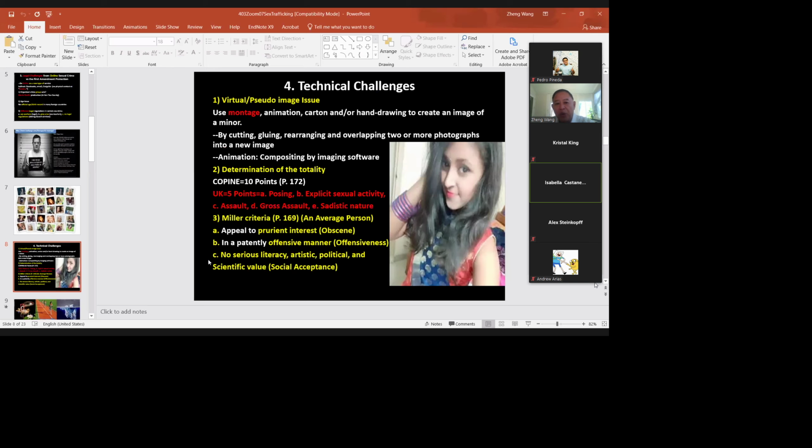Okay. Based on UK standard, you have to meet at least 4 points. If you do not meet number 5, there's an assault there, meaning there's another person there, there's bleeding, there's somebody suffering there, to meet the UK 5 points.